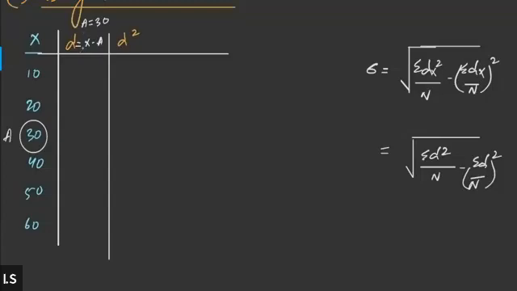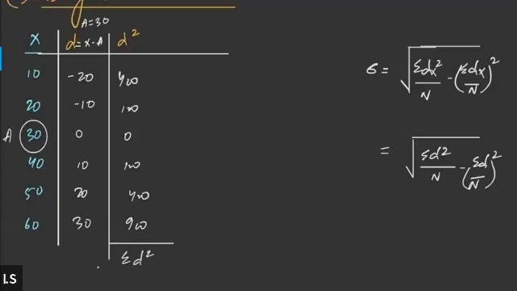So now 10 minus 30 will be minus 20, 20 minus 30 minus 10, 0, 10, 20 and 30, right? And after this we will square it. The square of 20 will be 400, then 100, 0, 100, 400, and 900. Now we will total this to find out sigma d square or dx square, and we will also total d to find out the value of sigma d.